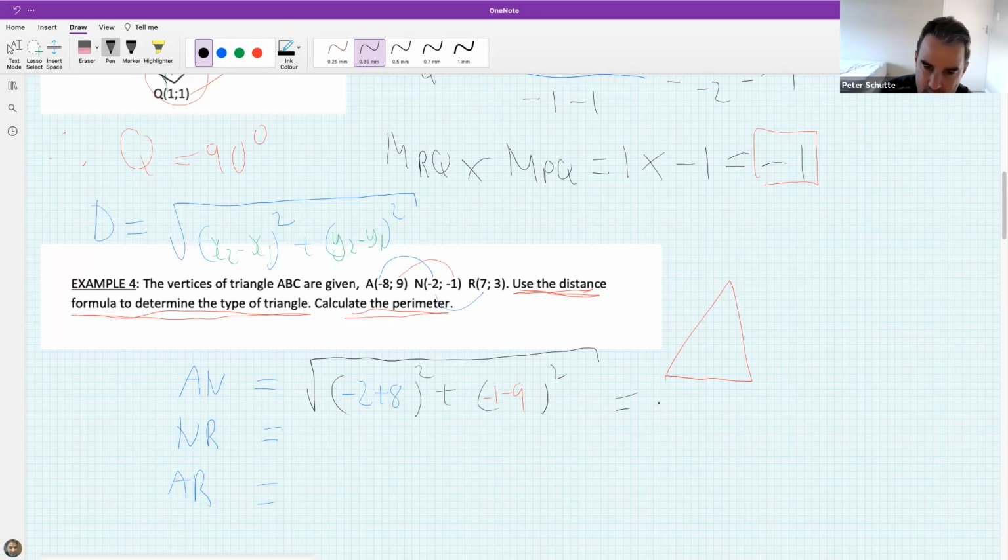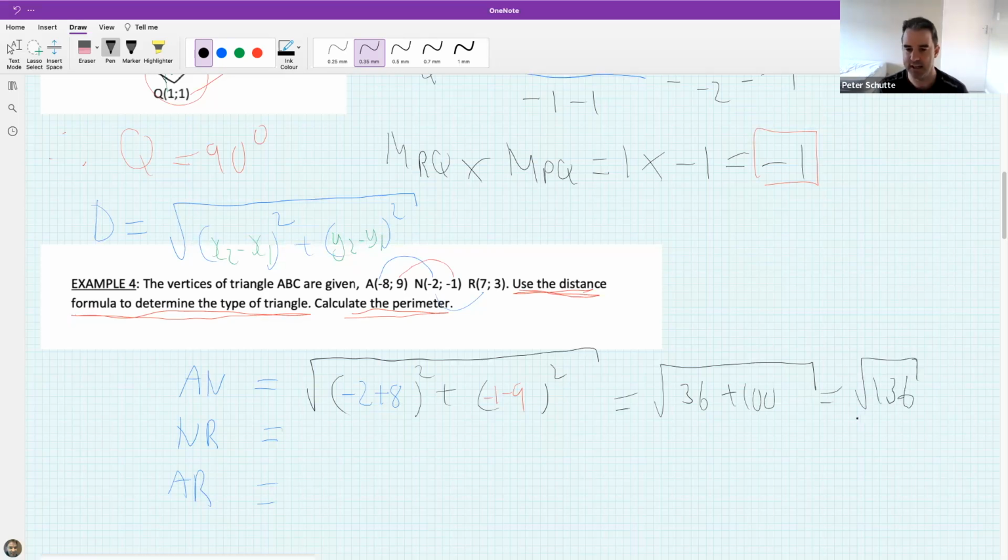And so then what I should have is -2 plus 8, so that's 6 squared, so 36. And then this is -10 squared, so that's 100. And I would just leave it in surd form, because surd form is very easy to see and it's easy to work with. So just leave it in surd form. I get square root 136 for AN.